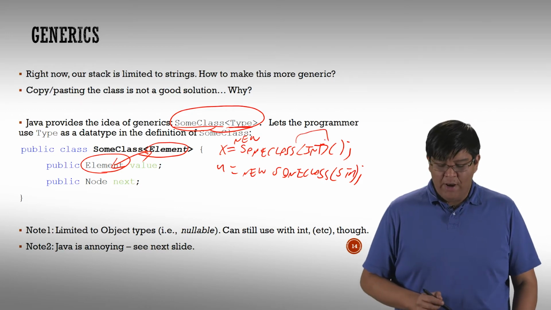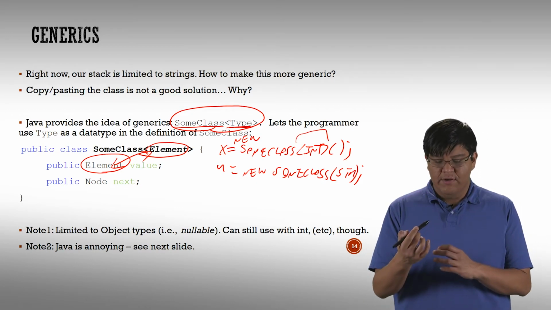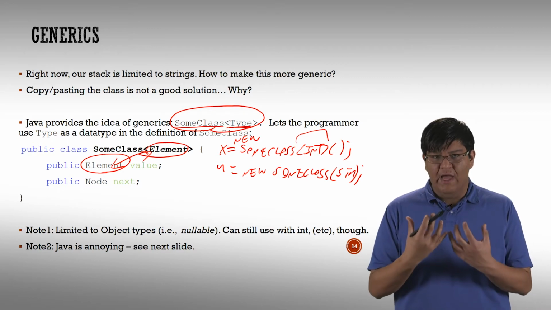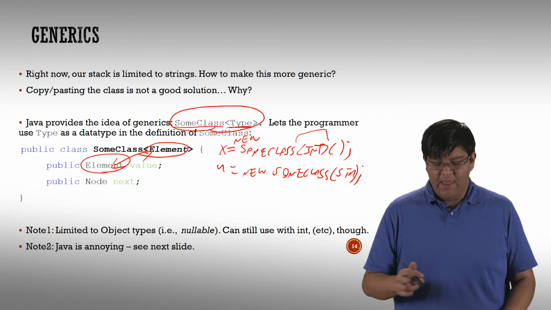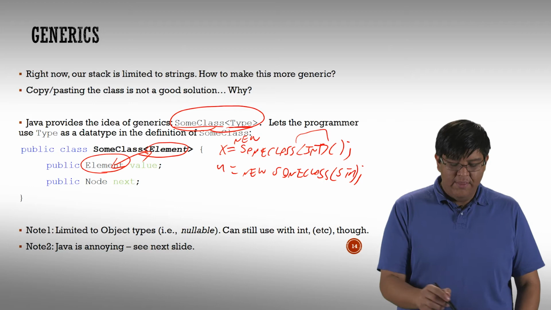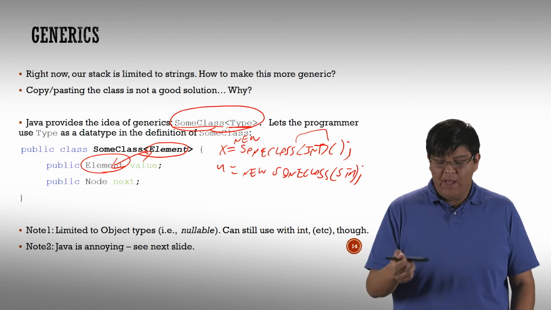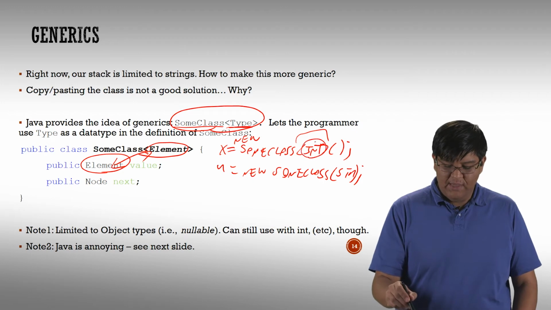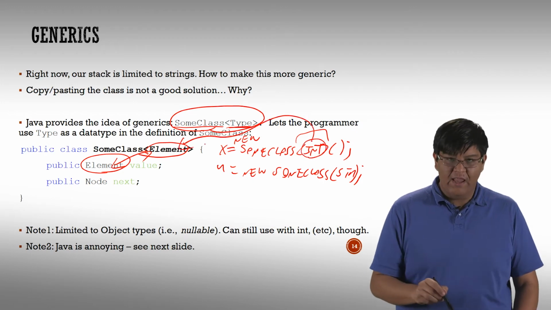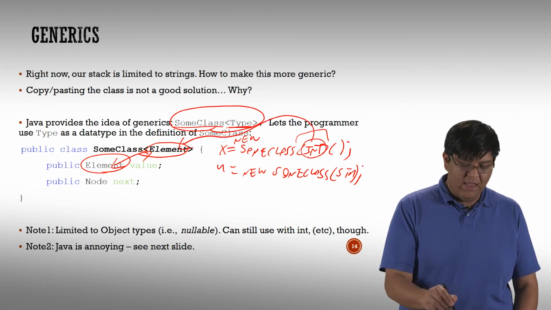What happens is that when the compiler sees this code, it sees the angle brackets, so it knows generics are being used for this class, and it looks over here and sees that the generic is called element. So element is effectively a placeholder. When you compile your program, it takes this int here and substitutes it for element, the element there as well as the element over here.